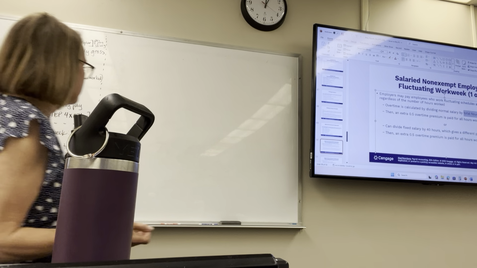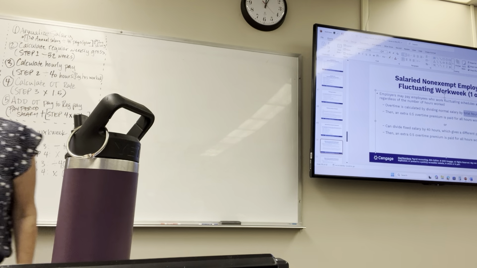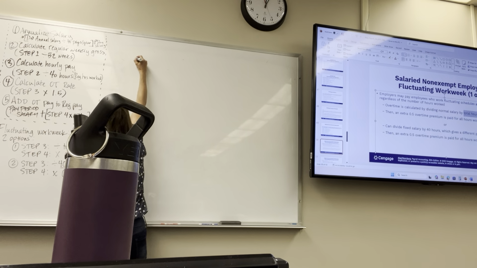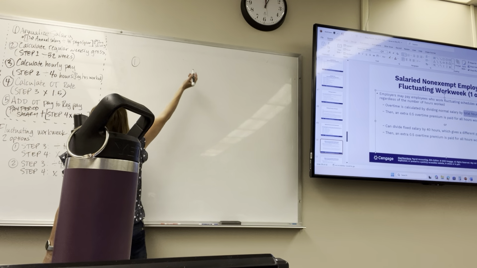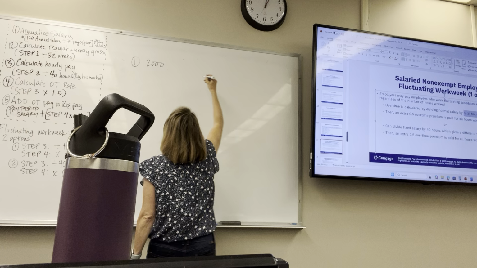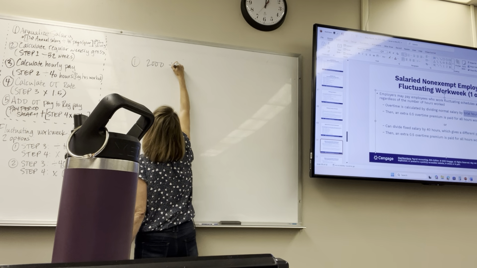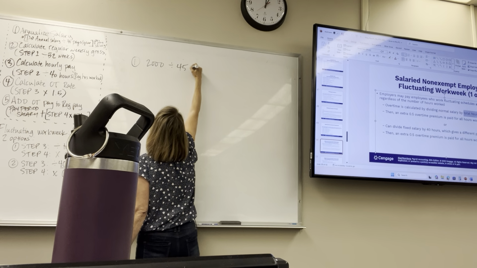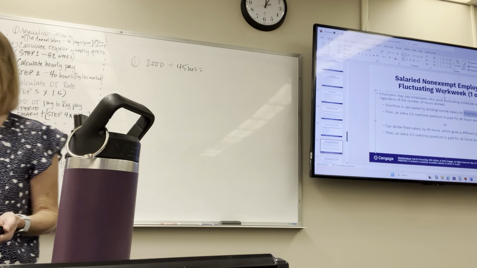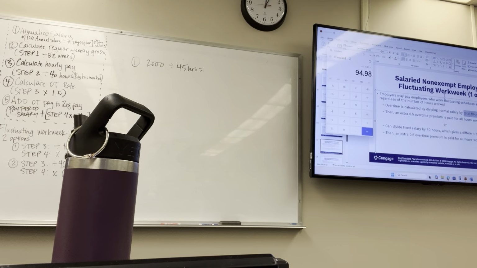So in this first example, let's say we have a $2,000 weekly salary and they worked 45 hours. This is the hourly rate that will determine what their overtime rate is.